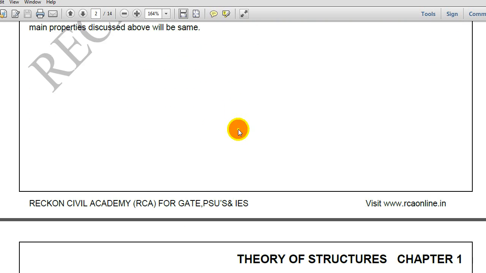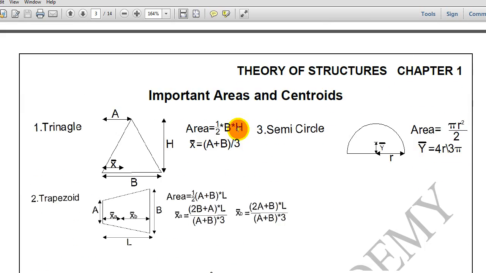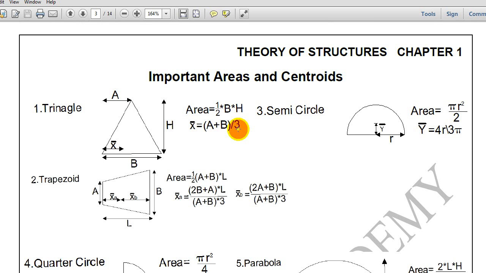Okay, now I will give you all the important formulas of the important geometries which we deal with in civil engineering. These are generalized formulas. I request you to remember this because I will be using it very often.